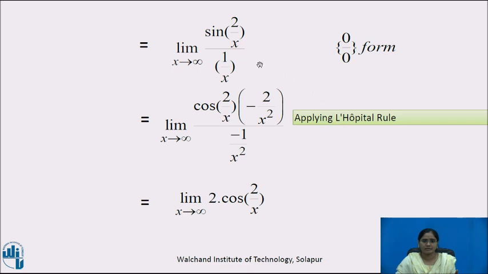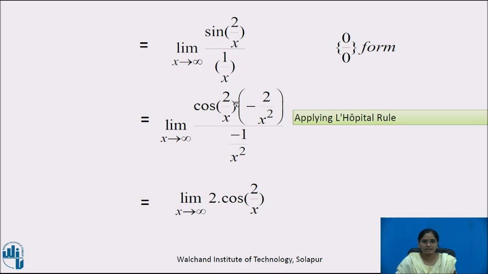What is L'Hospital rule? It is nothing but you need to differentiate the numerator and the denominator separately. Numerator is sine 2 by x. Differentiating sine 2 by x with respect to x, that will be cos 2 by x, again into the derivative of 2 by x, which is minus 2 upon x square.